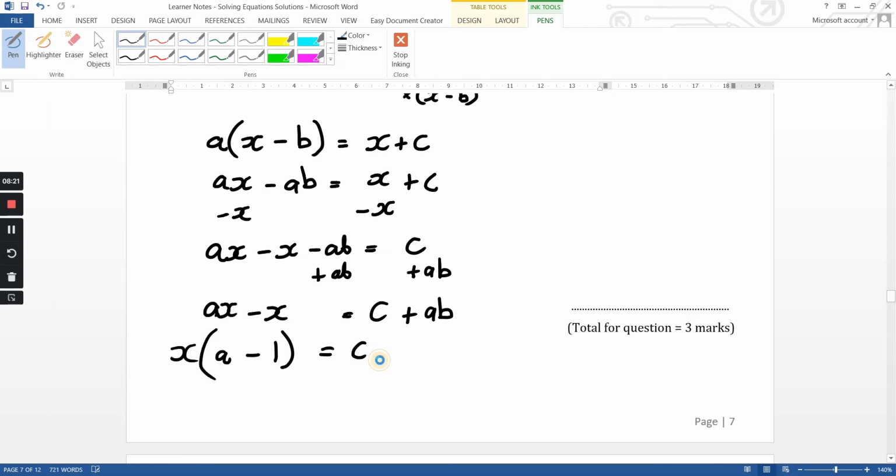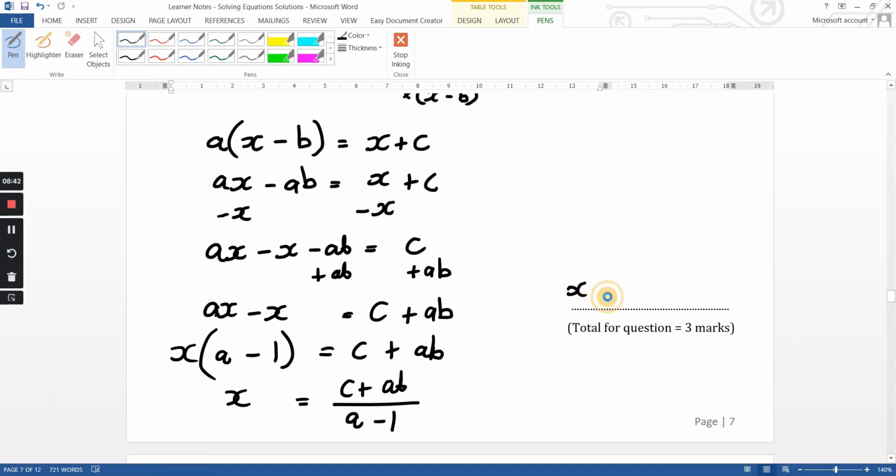Yeah, and we still have all of that on that side. Okay, there's only one more step. Just divide, or take this bracket to the other side. You'll get x on its own equal to c plus ab over a minus 1. You don't have to put the brackets now.